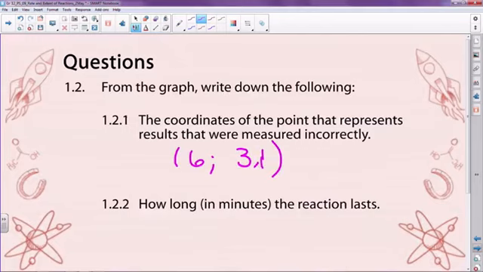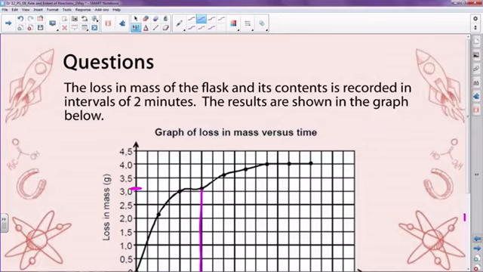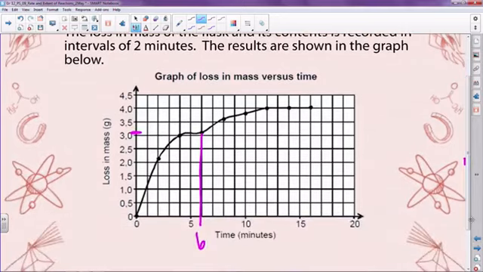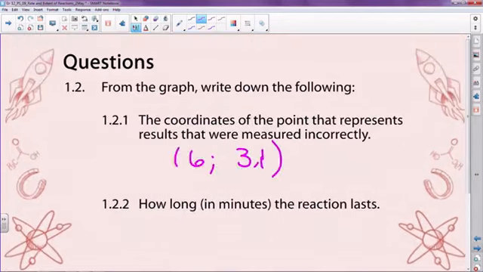It's unusual to ask it like that, but it's mass coordinates, X and Y. Then they ask you how long in minutes the reaction lasted. So we go back to the graph and we say, well, where did it start to go straight? Over here. So that means at this point over here, that's 10, 11, 12 minutes. So we know after 12 minutes it was finished. So it took 12 minutes.